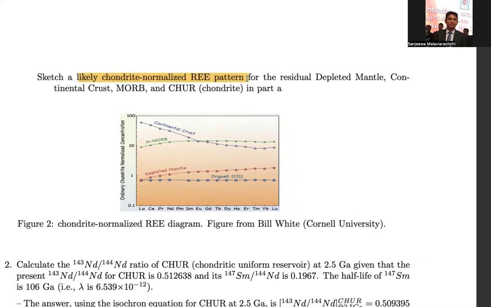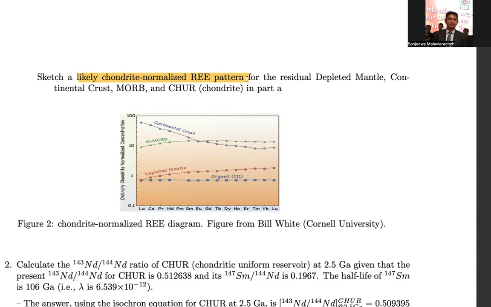You don't need to sketch a precise diagram, but a likely diagram, a simple sketch, considering the behavior of light rare earth elements and heavy rare earth elements in these reservoirs. Because light rare earth elements are highly incompatible, and heavy rare earth elements are relatively compatible.